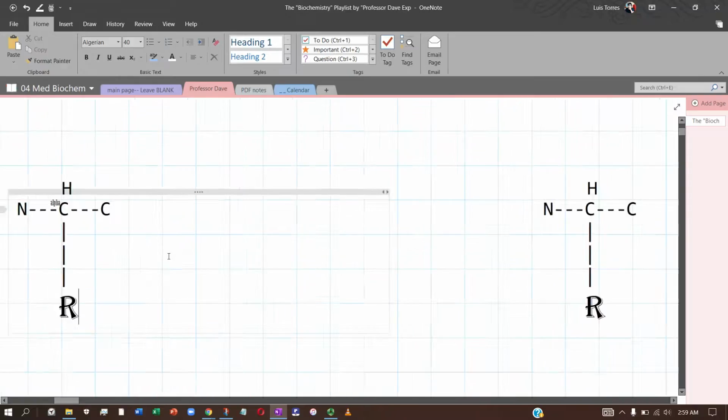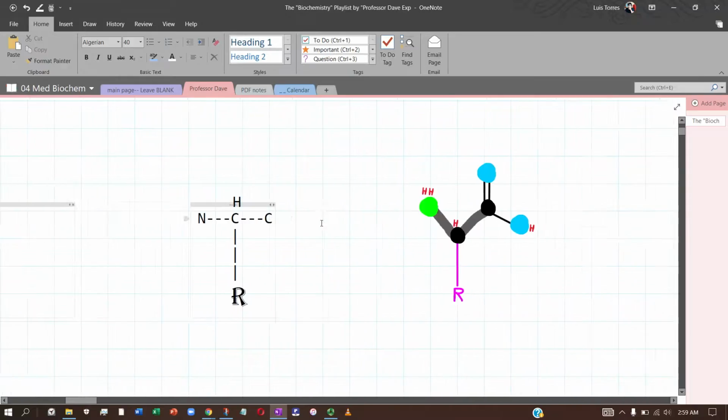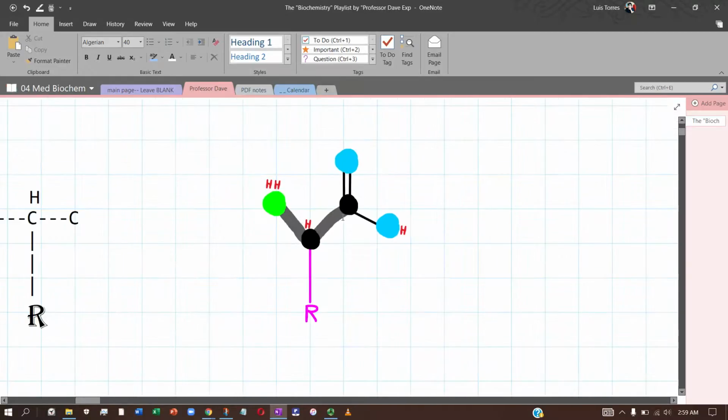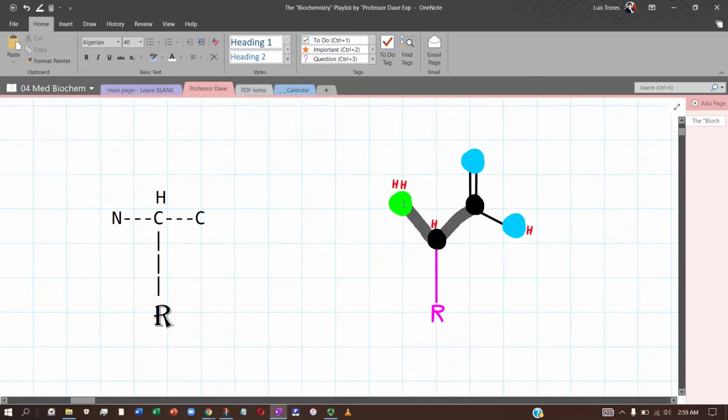So let's move on over here. This is another way of drawing, and this will be the way that I draw the proteins from now on. The green will symbolize nitrogen, and the black will symbolize carbon, and here's another carbon. So again, NCC, and the R group in this case is this magenta or bright pink.